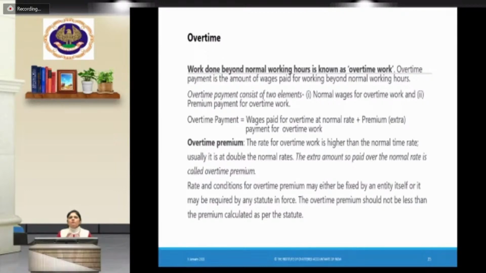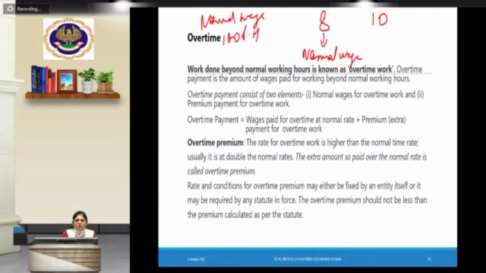So the normal working hours are 8. Let us say the normal working hours are 8 and I have worked for 10 hours. So for 8 hours, I'll be getting the normal wage. Okay? Let us say the normal wage is 100 per hour, and the overtime rate is 200 per hour.